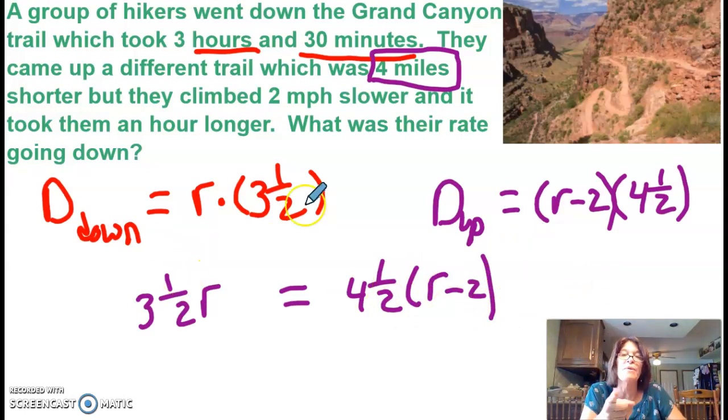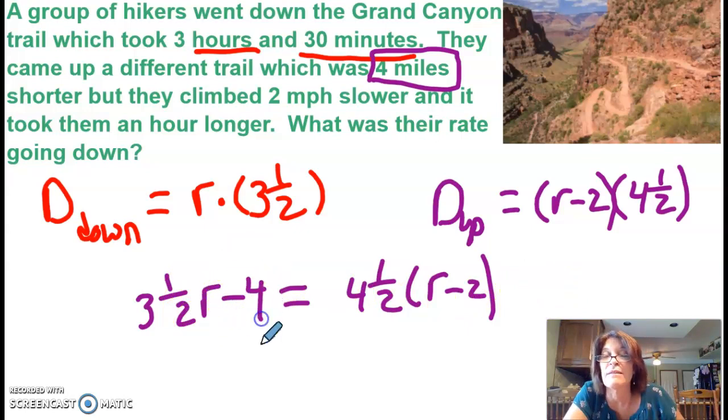Because right now, the distance up is 4 miles shorter. So the distance up is smaller, and if I want it to be the same, I'd have to add 4 to it. Or I could subtract 4 from the distance down. I'm going to do that.